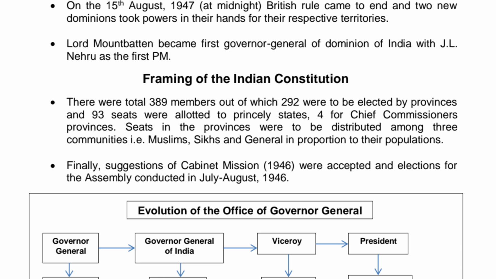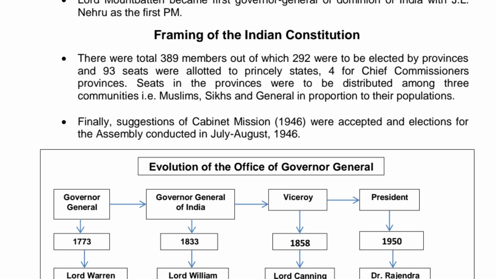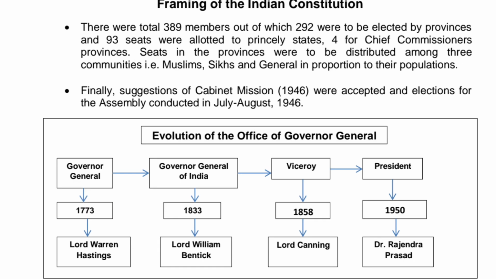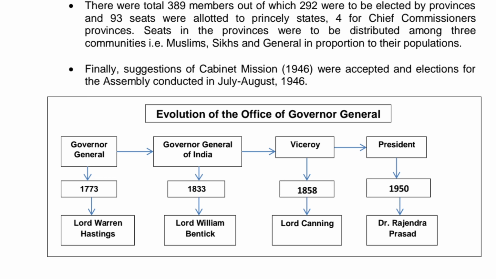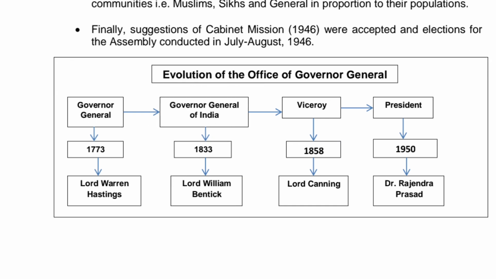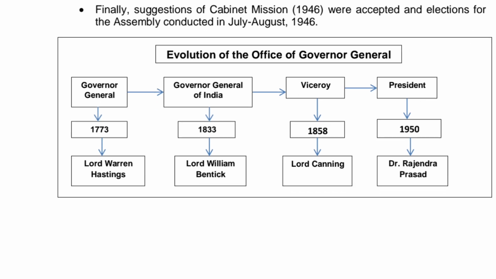Seats in the provinces were to be distributed among three communities: Sikh, Muslim, and general, in proportion to their population. Finally, the proposals suggested in cabinet mission 1946 were accepted, and elections for the constituent assembly were held in July-August 1946.